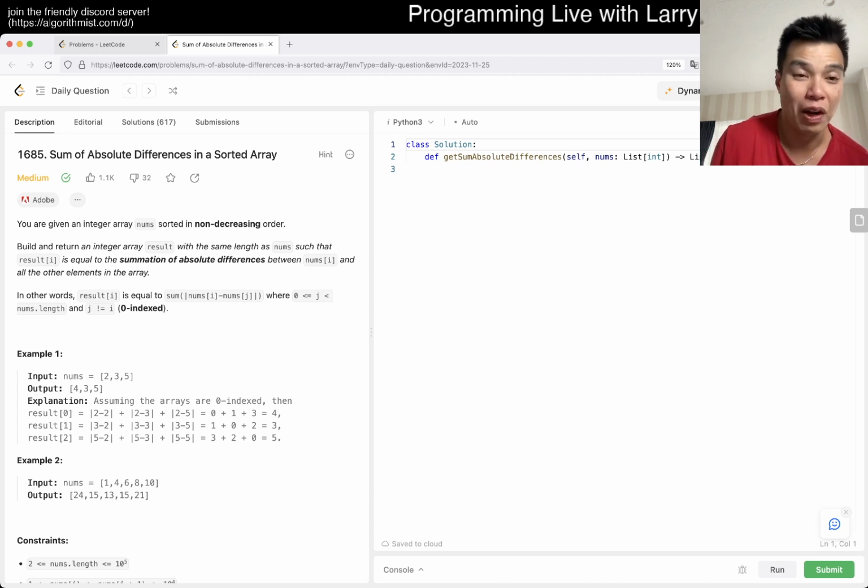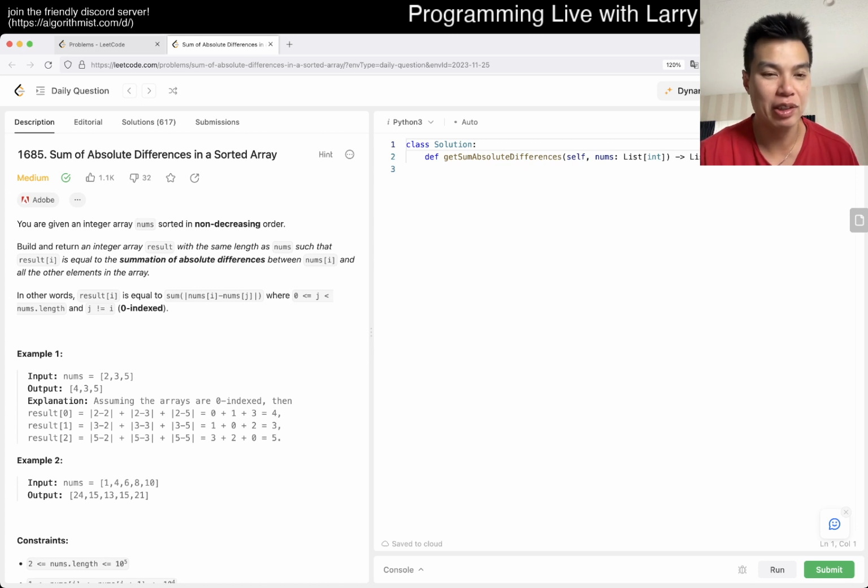Alright, let me reread it. Build and then return it with the same length such that result[i] is equal to the summation of absolute differences between nums[i] and all the other elements. Oh, okay. So this 4 means 2 minus 3 minus 5.